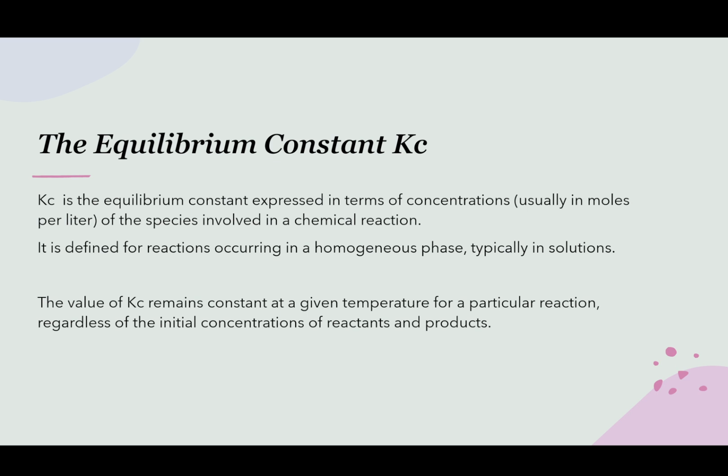Kc is the equilibrium constant expressed in terms of concentration, usually in moles per liter or moles per dm cube. We tend to use dm cube, of the species involved in the chemical reaction. It is defined for reactions occurring in a homogeneous phase.